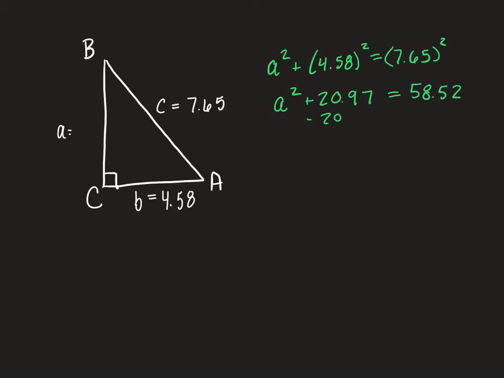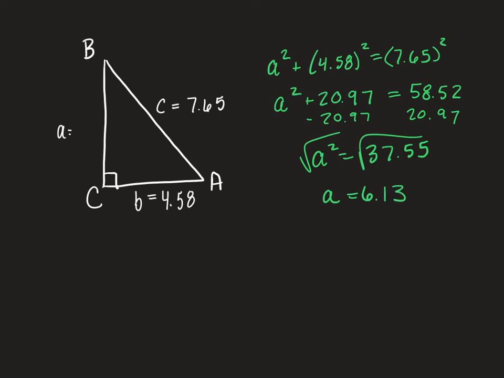And then subtract. So A squared is 37.55. Then take the square root. So A is 6.13.